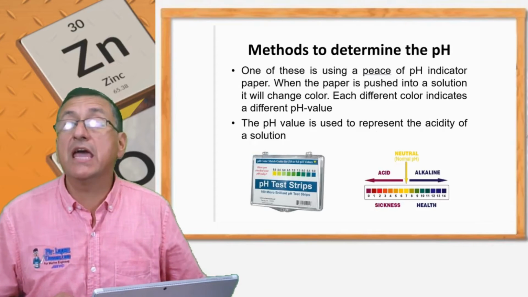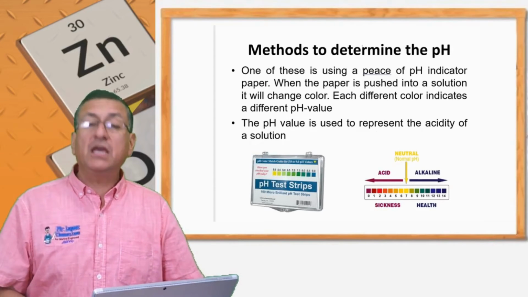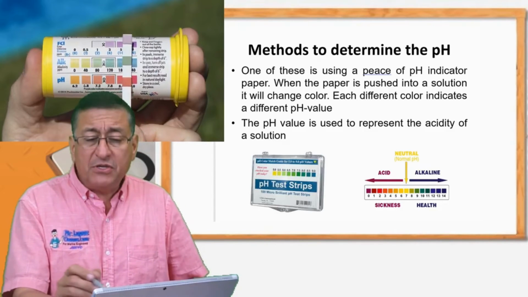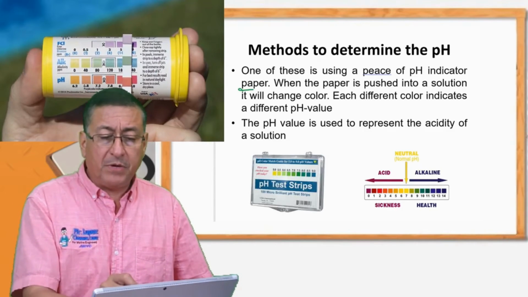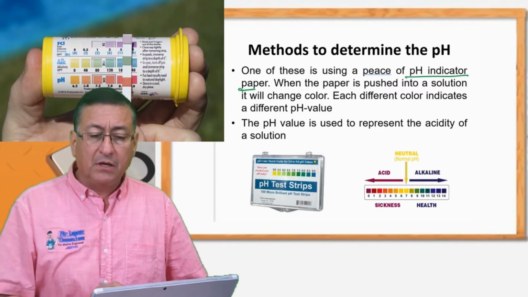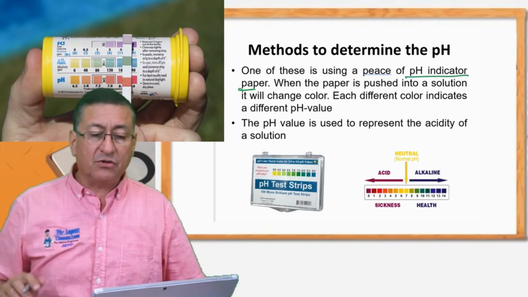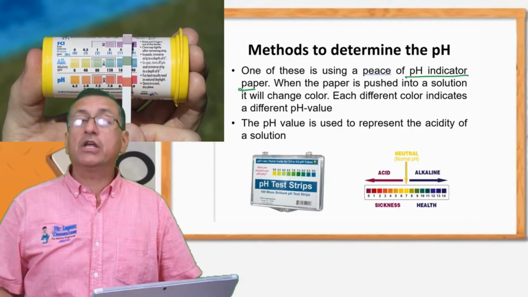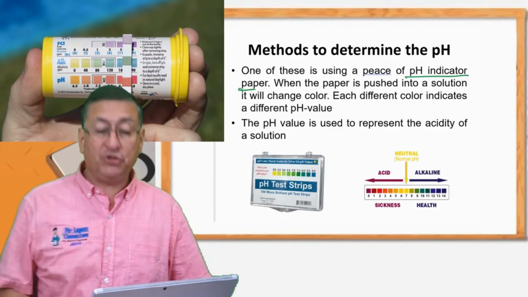How to check the pH? You can check the pH with an indicator. It's a piece of paper, the pH indicator. When the paper is introduced in the solution, it changes color. Simple. Each different color indicates the level of pH.